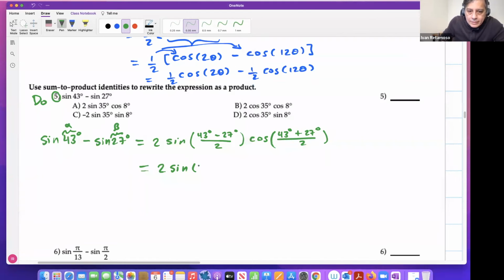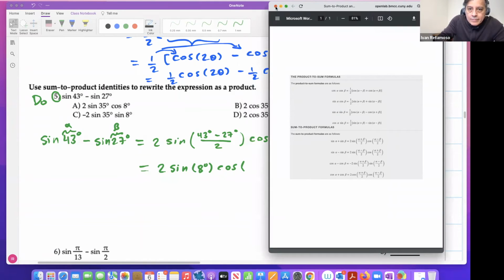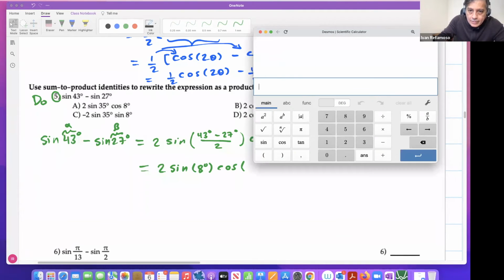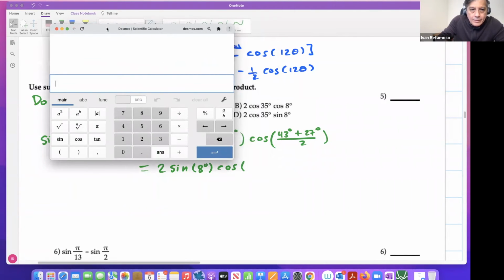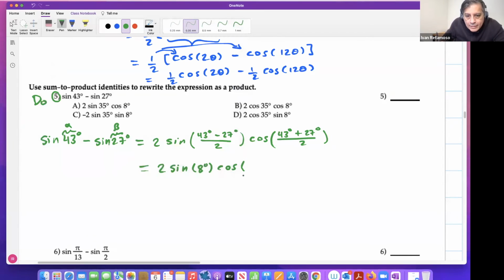I'm showing you this with a calculator so that when you do your homework, if the numbers are not friendly, you can handle this using mental mathematics. You can always do that using the calculator. Look, this is another option. You click here on fraction form, you type on the top 43 plus 27. On the bottom, you type 2, right? It's like the average of the angles for this part. 35 degrees. Excellent. 35 degrees here.